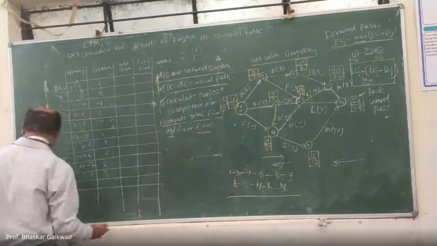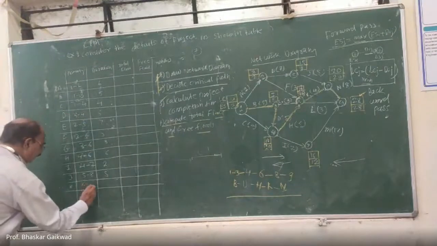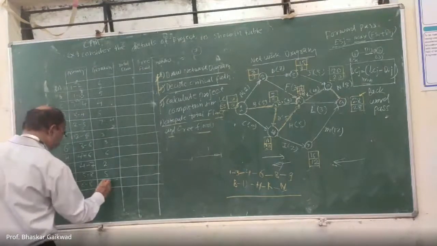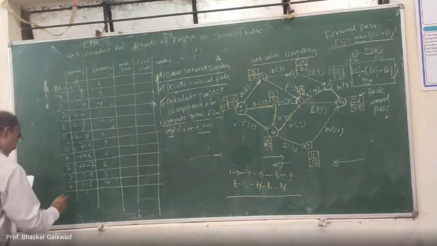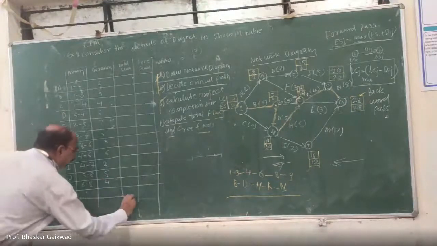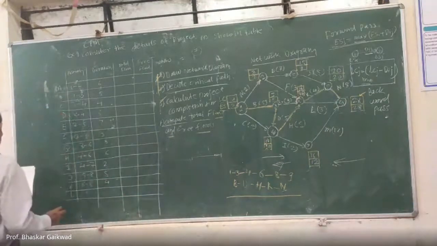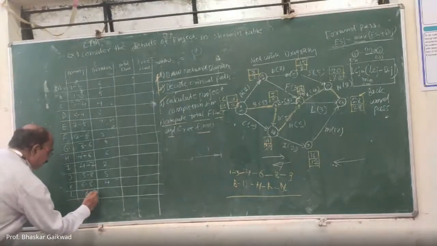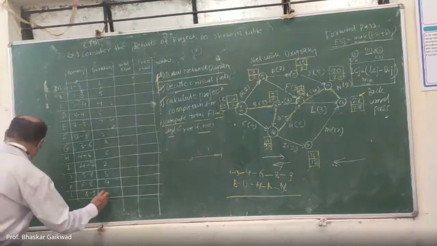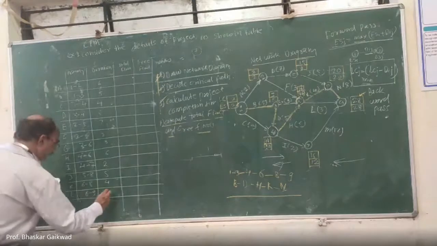Then K is there, 6 to 8, with a duration of 4. After that, L is there, 6 to 9, and the duration is 3.